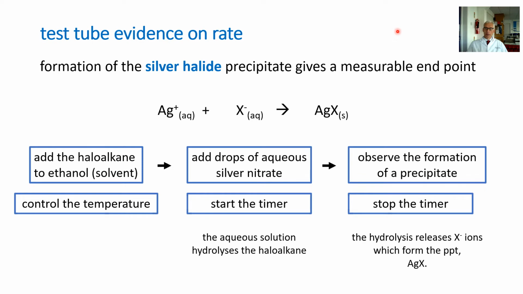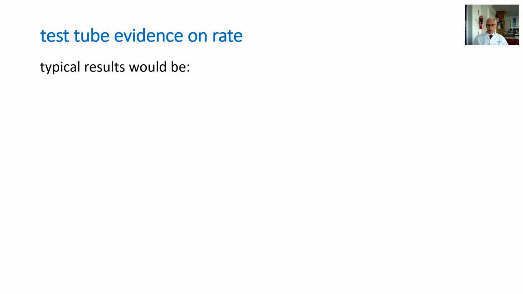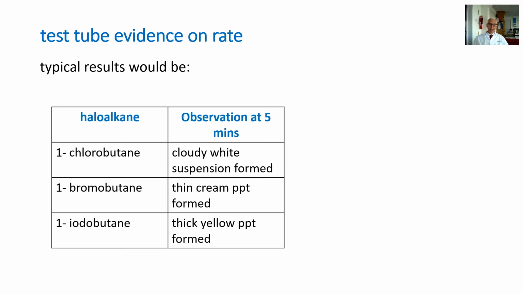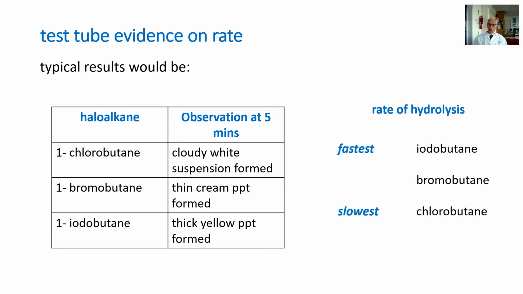I'm going to move on. So typical results would be an observation at 5 minutes perhaps. Chlorobutane, cloudy white suspension formed. Bromobutane, you get a thin cream precipitate, and iodobutane, a thick yellow precipitate. That is meant to indicate that iodobutane undergoes hydrolysis faster than bromobutane, faster than chlorobutane.